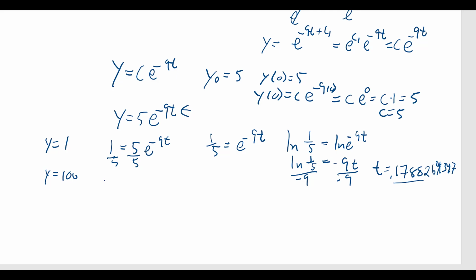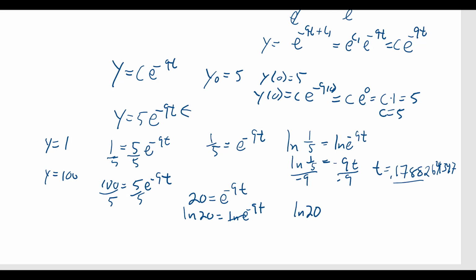For y being 100, you have 100 equals 5 e to the negative 9t. Divided by 5, we have 20 equals e to the negative 9t. Taking the natural log of both sides, the natural log and the e cancel, so we end up with natural log of 20 equals negative 9t.